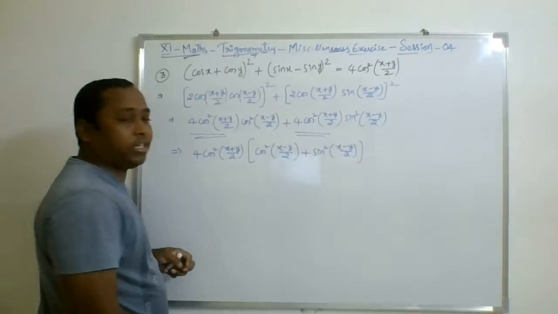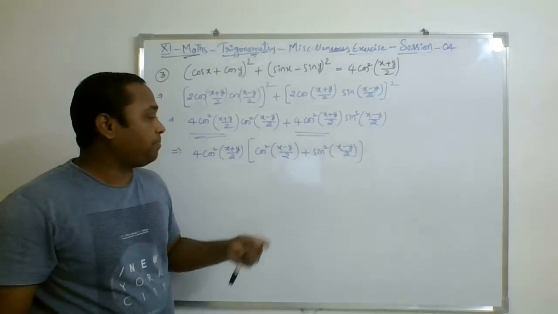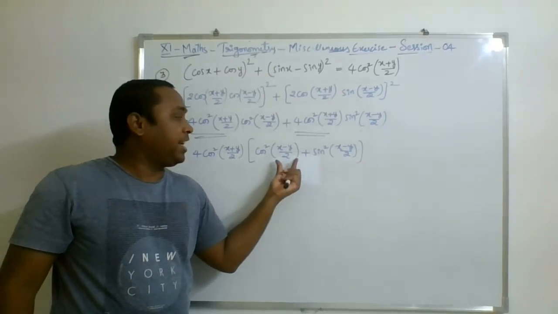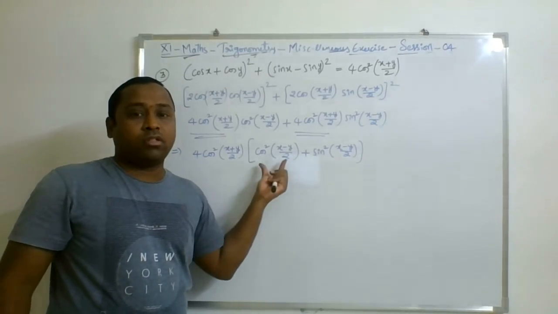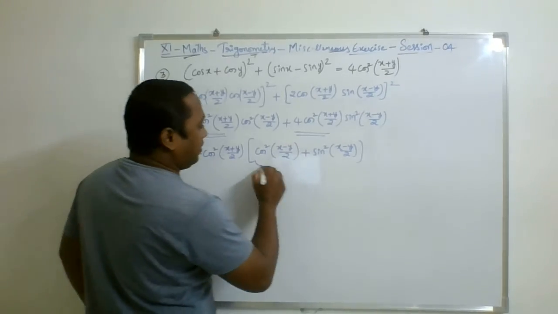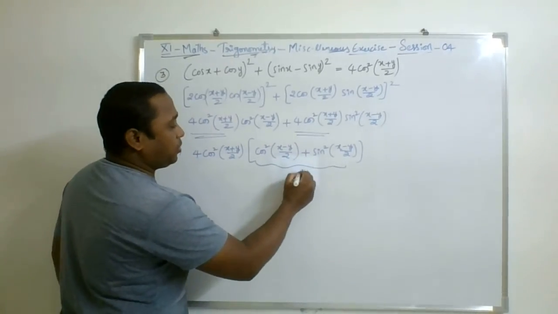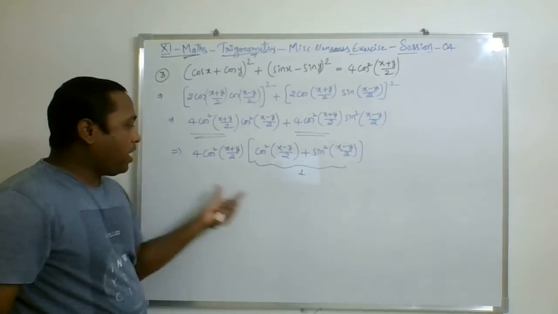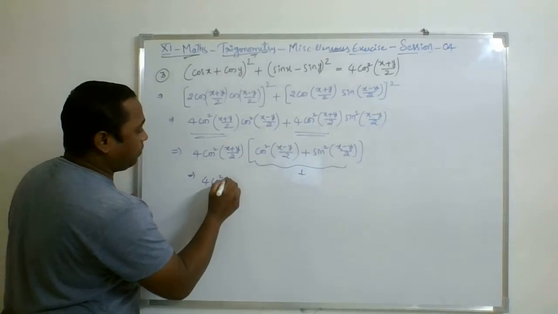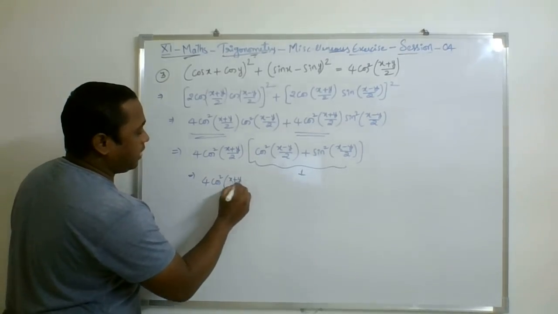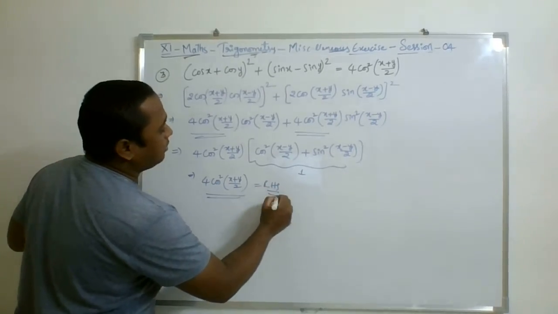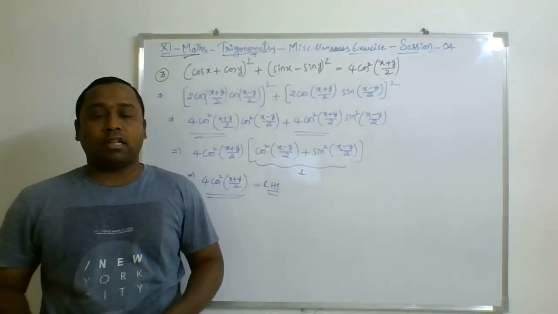Now how beautifully we end with cos square theta plus sin square theta, and theta is the same, so the value is 1. Hence this entire expression reduces to 1, and 1 into this is 4 times cos square of (x + y) by 2. We have the right hand side as the answer.